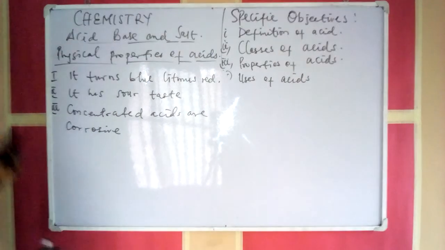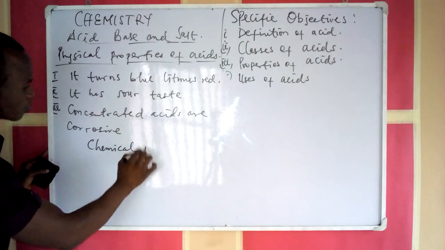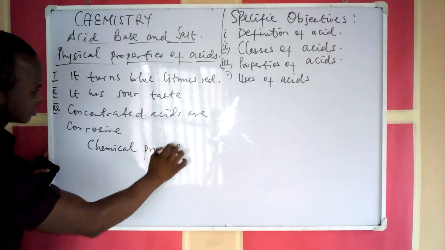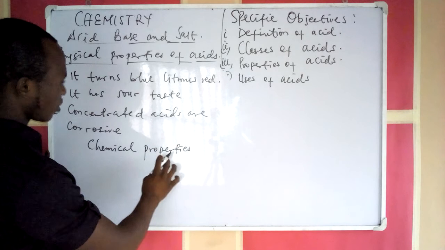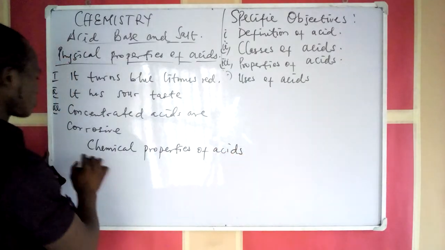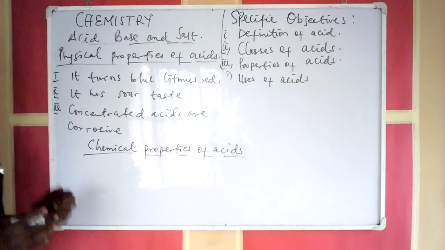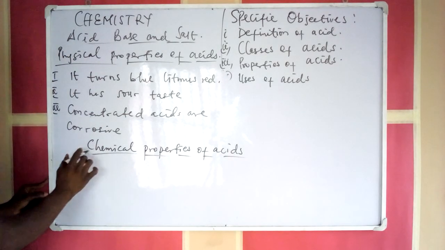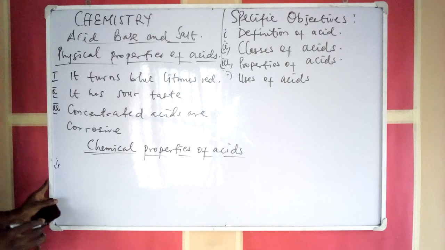Okay, we look at the chemical properties of acids. What are the chemical properties of acids? Let us list all of them first before we go into explanation.